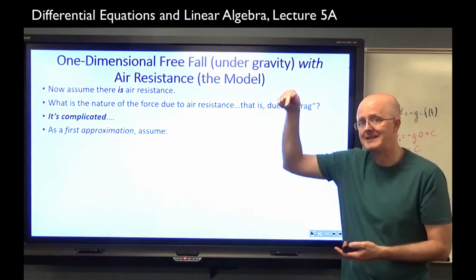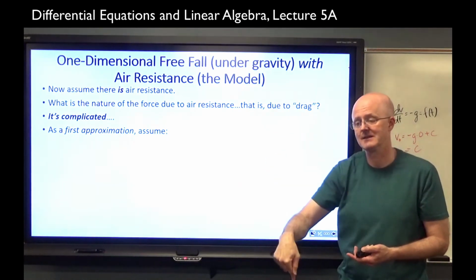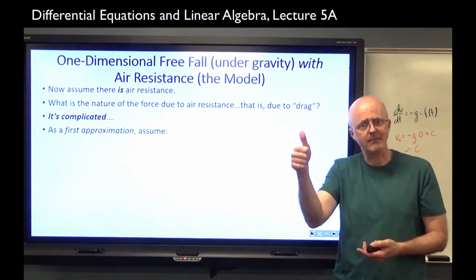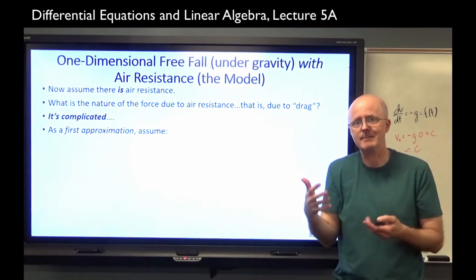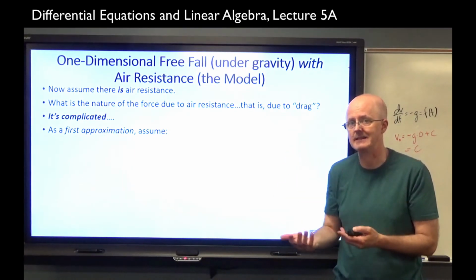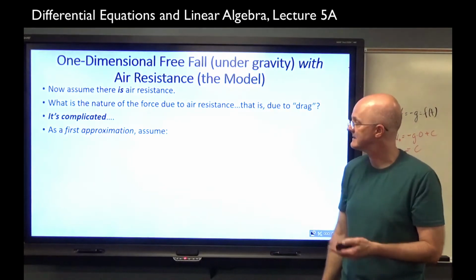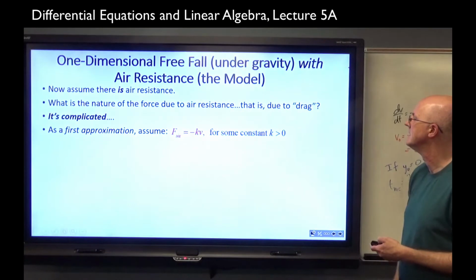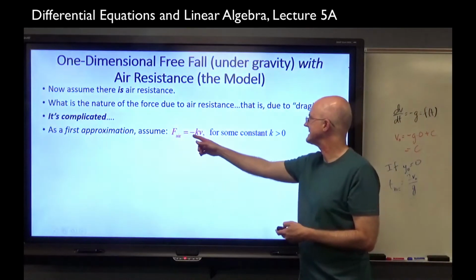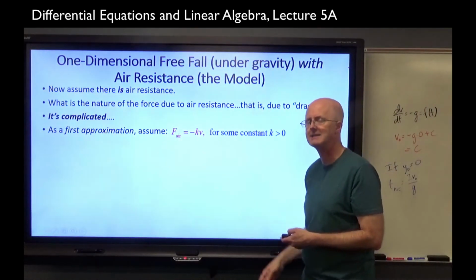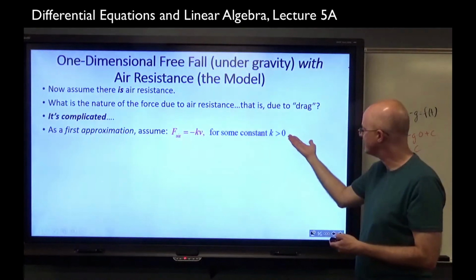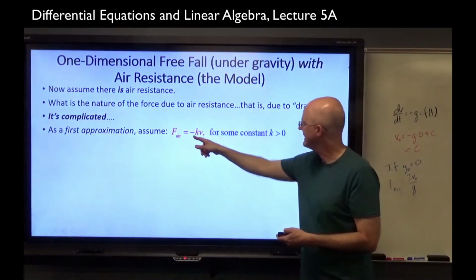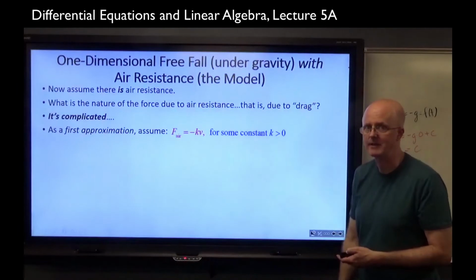On the other hand, if the velocity is down, negative, air resistance should point in the positive direction. And once again, be large in magnitude if the velocity is large in magnitude, and small if the velocity is small in magnitude. So we're going to assume the force due to air resistance is a negative constant times the velocity. For some k that's positive, the negative k is the constant of proportionality.